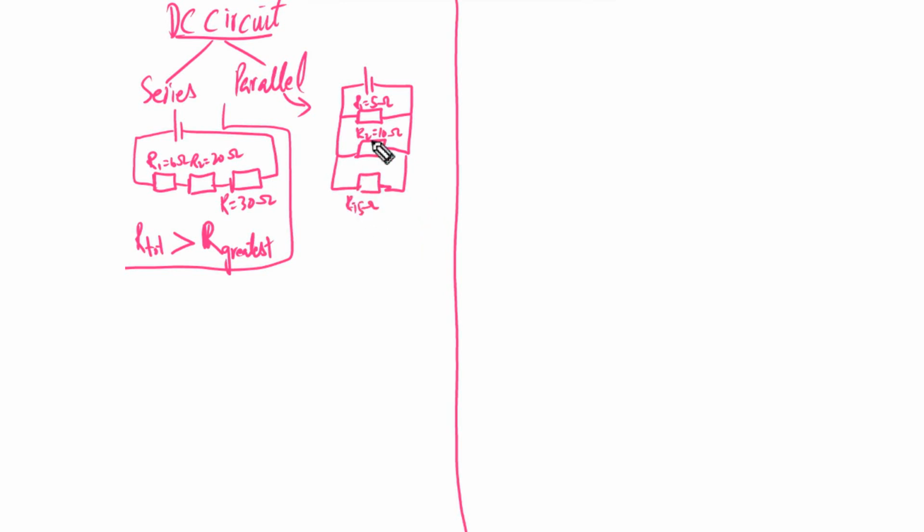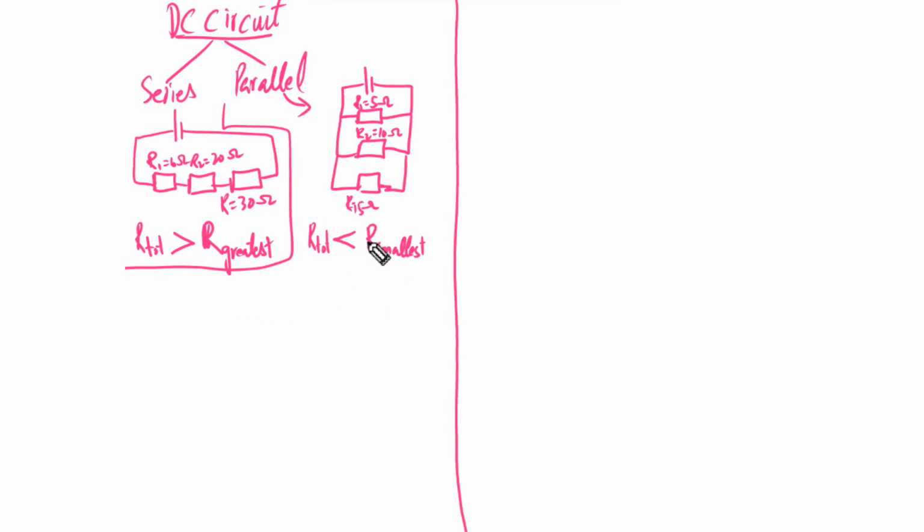Now in this case, if we need to find R total, we need to be very clear: it has to be smaller than R smallest. This is very useful because the physics board exam is about timing, how quickly you can answer. If you have these things in your mind, you can go very fast and answer very quickly. So you have to be clear about that.